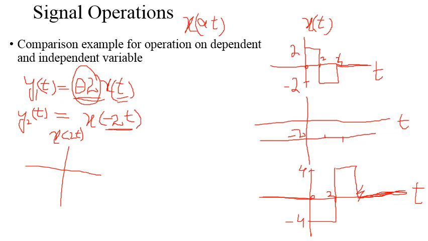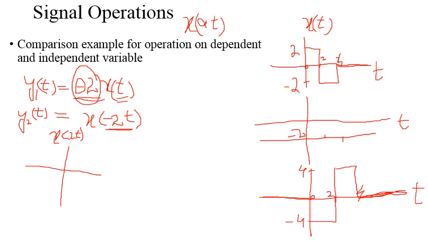If a is greater than 1, that means the resulting signal will be a compressed form of the original signal, and how much compression will there be? They will be compressed by an amount of a. If a is positive, between 0 and 1, in that case the resulting signal will be a stretched version of the original signal, right?